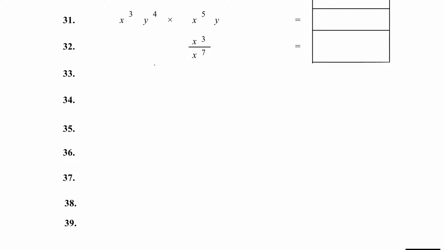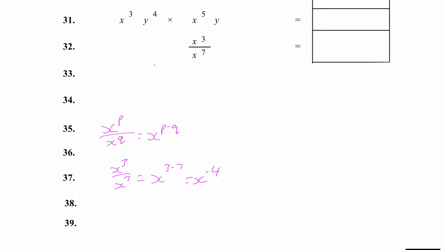Okay, so for question 32, we've got x cubed divided by x to the 7, and we subtract exponents. So the general rule says x to the p divided by x to the q equals x to the p minus q. In other words, take the top one and minus the bottom one. So in this case, it's x to the 3 minus 7, which gives us x to the minus 4.